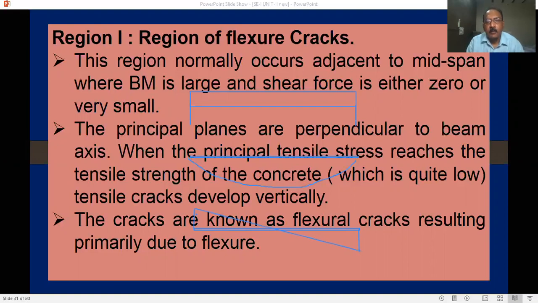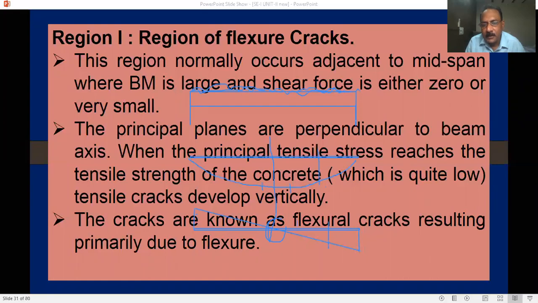This is a bending moment diagram where you have a uniform load. At the center, you will have maximum bending moment and nearly zero shear force. If you go towards the edges, the bending moment will slightly reduce and the shear force will increase.